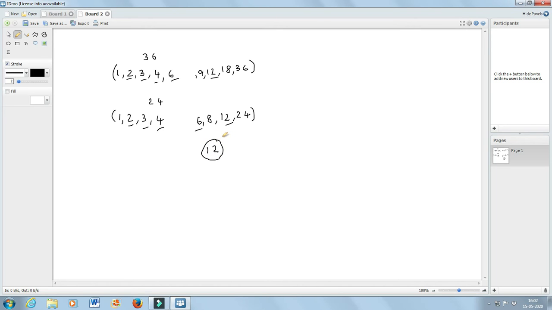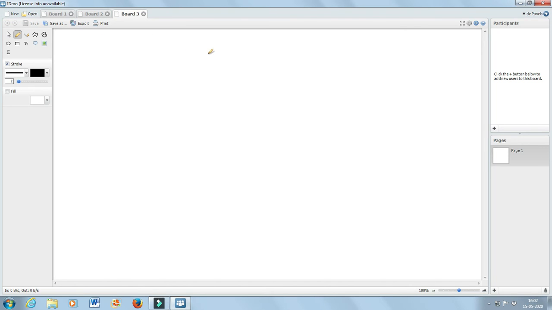Now what is the way we can find the GCF of any two numbers using a shortcut method? We write these two numbers, 36 and 24, and we put an L, and let us try to figure out the lowest prime number which will divide these two numbers.